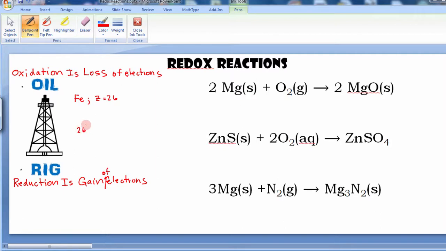So 26 protons in the nucleus. Now, if we have 23 electrons, we would have iron with a 3+ charge.